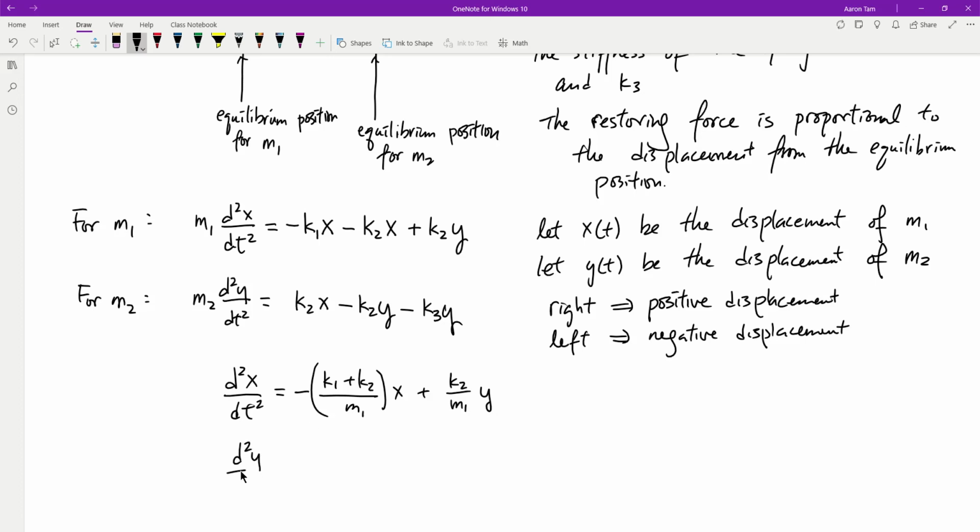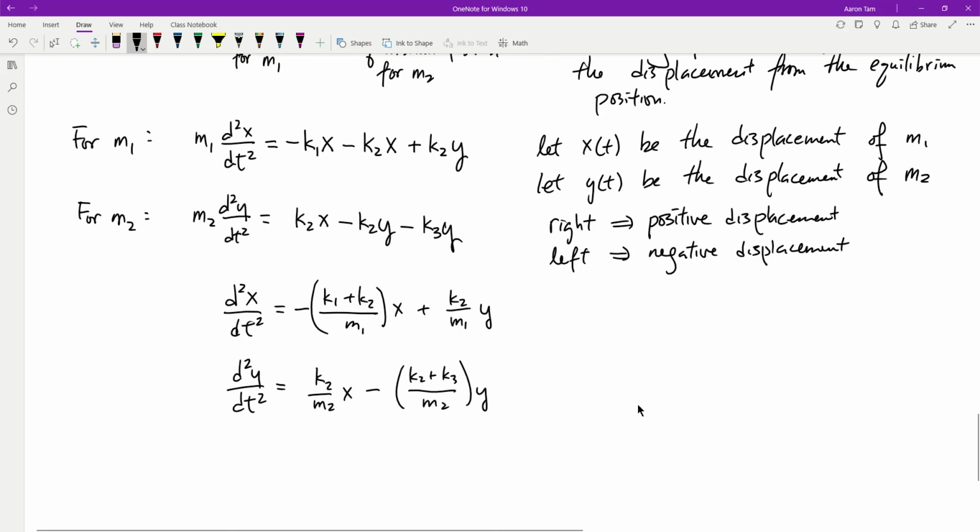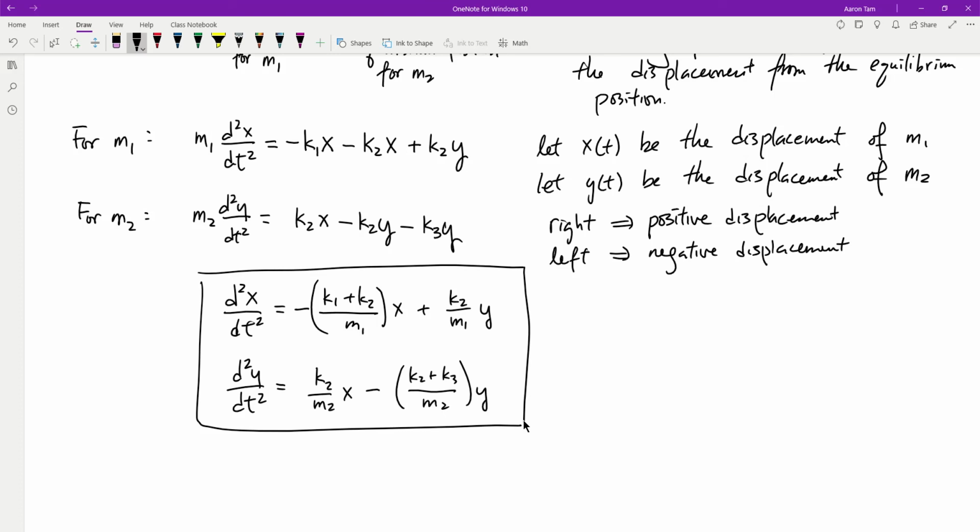And d squared y over dt squared would equal k2 over m2 times x, and I'm going to factor out a negative, minus (k2 plus k3) over m2 times y. So that becomes my system of equations, which depends on m1, m2, k1, k2, and k3 to determine the actual equation, but those are definitely constants.